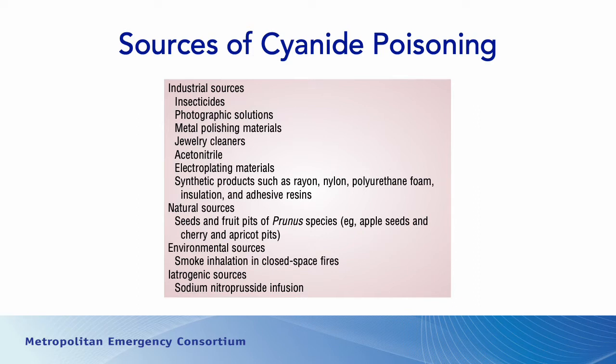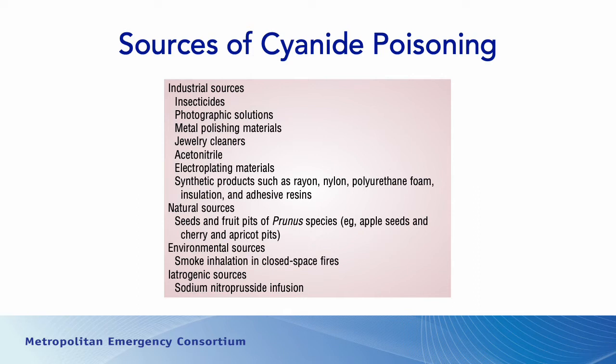Acetonitrile is a chemical used for manufacturing. It can cause cyanide poisoning as it's metabolized by your body. Cyanide is used in electroplating. So if you have a patient who's on the production line at an electroplating plant, think about cyanide exposure.